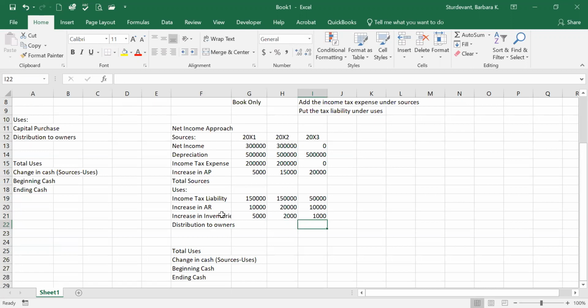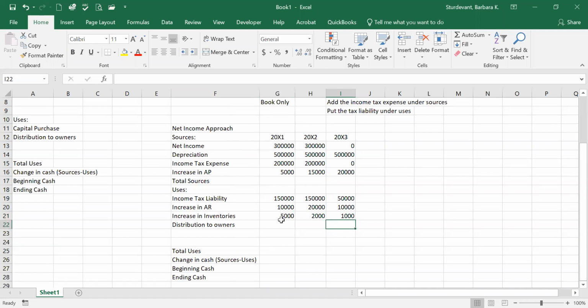And then the last thing they tell us is the distribution to the partners. Source or use? If you're giving money to the partners, is that increasing or decreasing your money? It's a use. It's going to be a decrease, right?